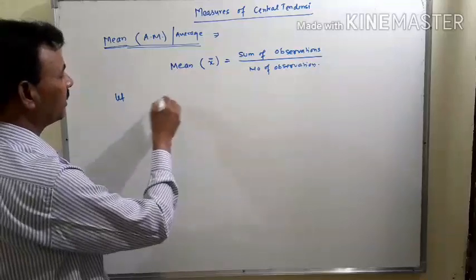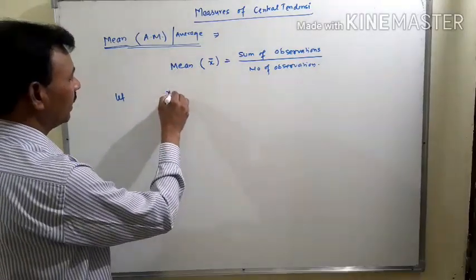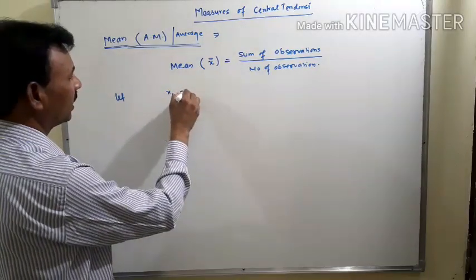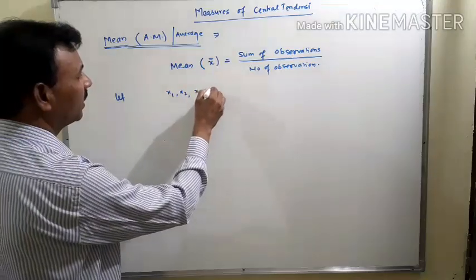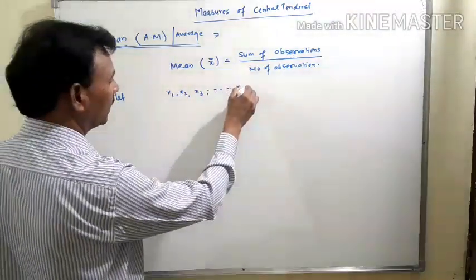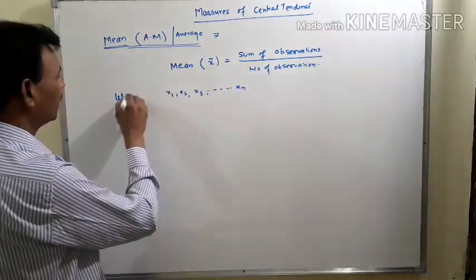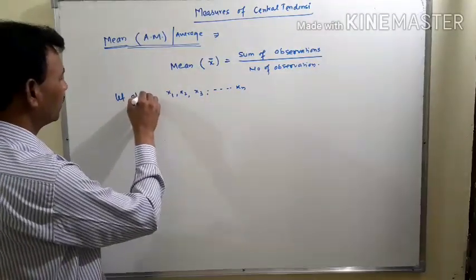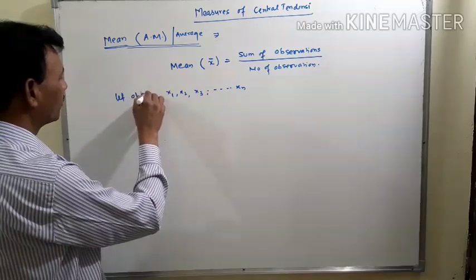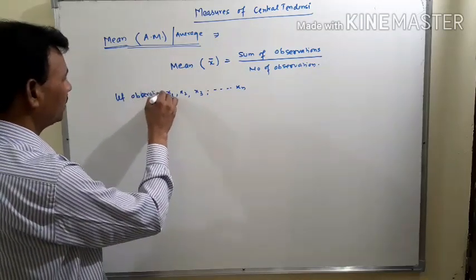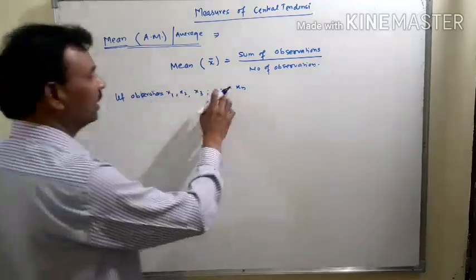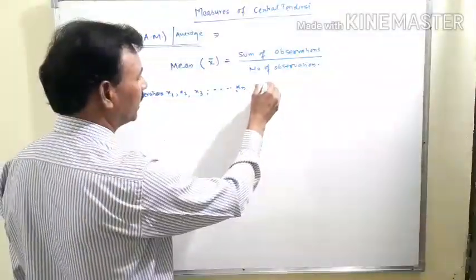Let there be some observations x1, x2, x3 up to xn given.